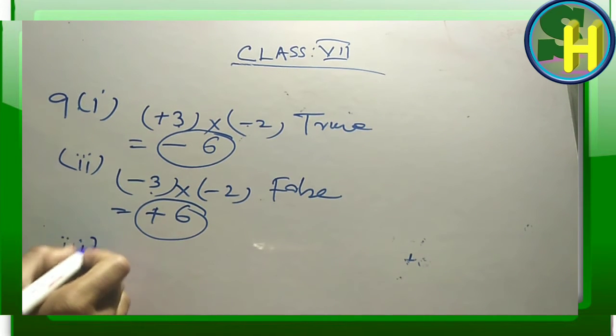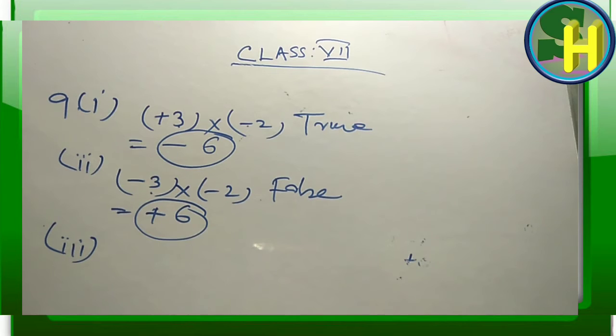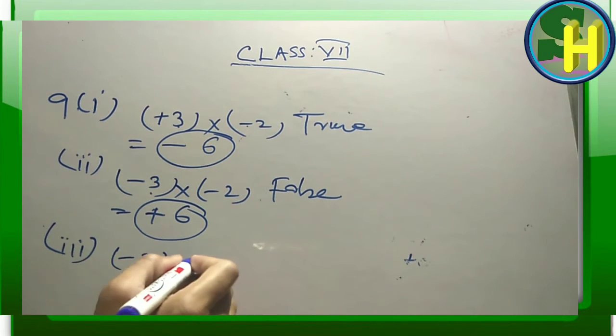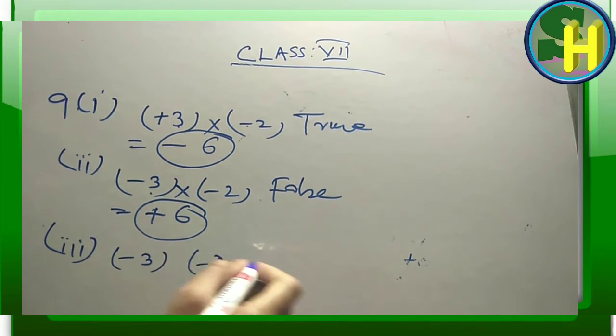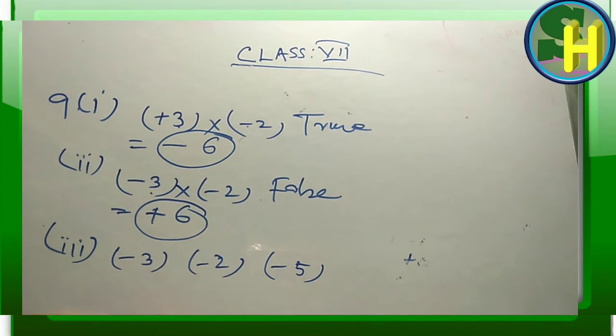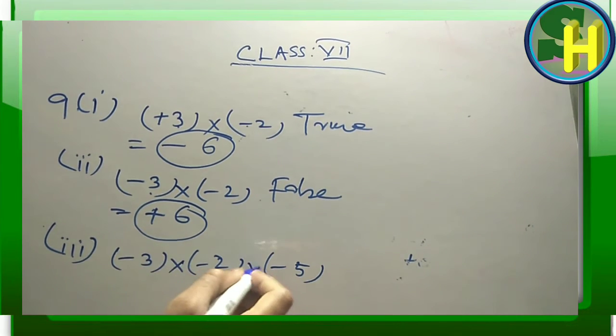Next here, question number 3. The product of 3 negative integers is a negative integer. Again I am taking an example. One integer is minus 3, and minus 2, and minus 5 also a negative integer. There are 3 negative integers. We are multiplying simultaneously. Clear?